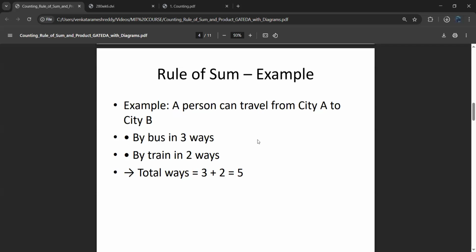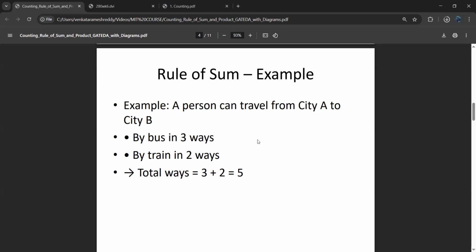So one person wants to travel from city A to city B. If he wants to travel by bus, he has three ways. Otherwise, if he wants to travel by train, he has two ways. So how many ways can he travel from Hyderabad to Vijayawada? 3 plus 2 equals 5 ways.